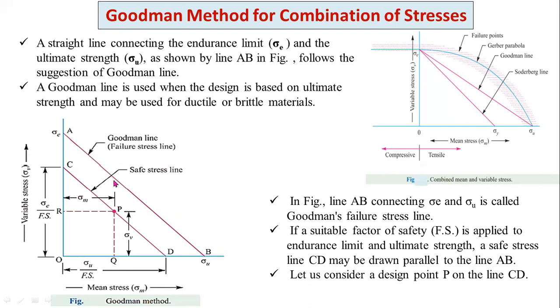If a suitable factor of safety Fs is applied to the endurance limit and ultimate strength, a safe stress line CD may be drawn parallel to the failure line. CD is the safe stress line and AB is the failure stress line.